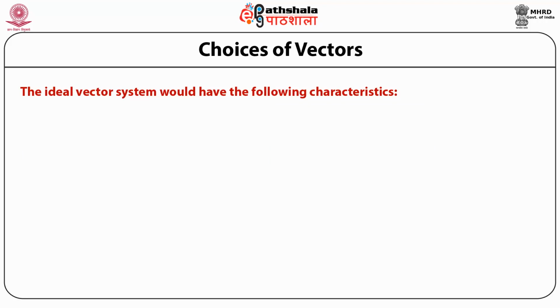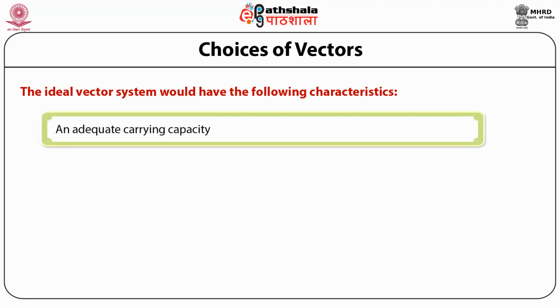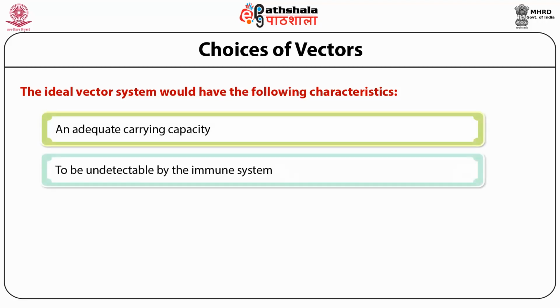Before we choose the vector system, what kind of vector system would be ideal for gene therapy, we need to know the characteristics of the vector. These are the characteristics which will decide what is utilized for gene therapy. They should have an adequate carrying capacity. They should also be undetectable by the immune system.